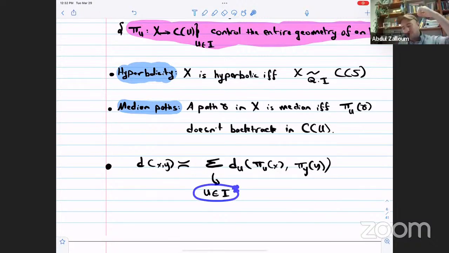So if the distance between X and Y in some of the U's is small, you just ignore that U. But the idea is the distance between X and Y is just the sum of the projections of X and Y in each hyperbolic space. Does that answer your question?